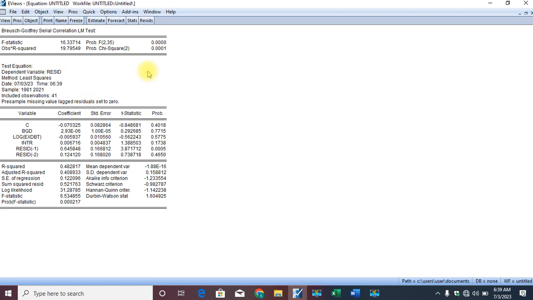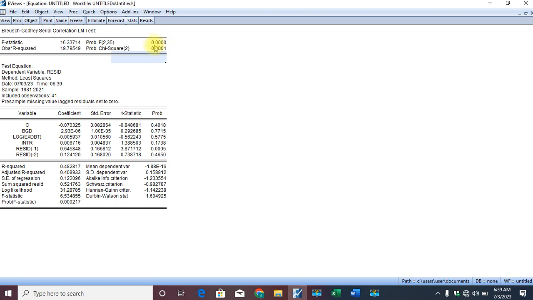This serial correlation result was estimated with the Breusch-Godfrey serial correlation LM test, and the first phase of this result is the one that we are interested in. If you look at this result, we have the F statistic and we have the observed R-squared. We have their coefficients and their chi-square distribution.